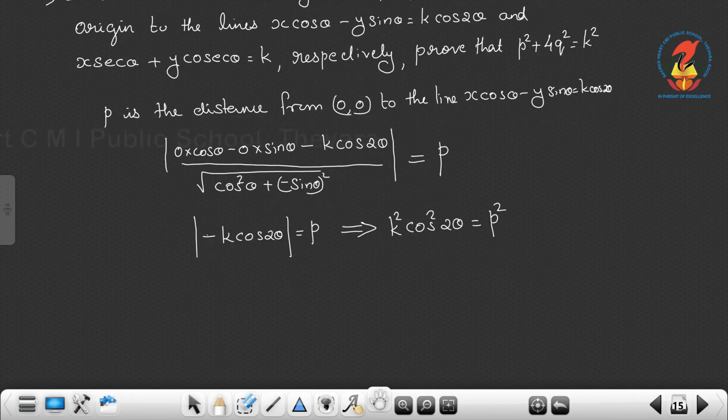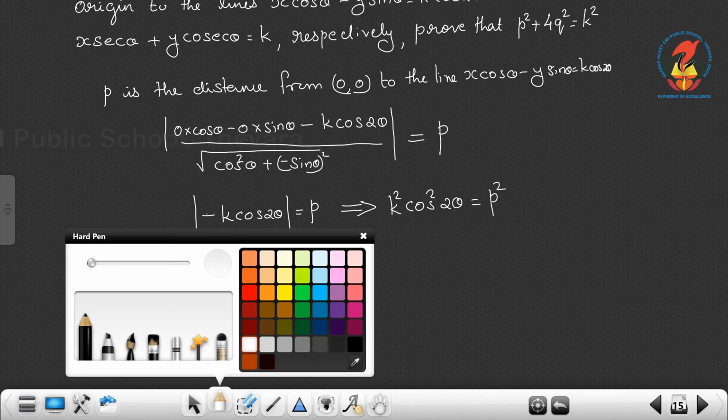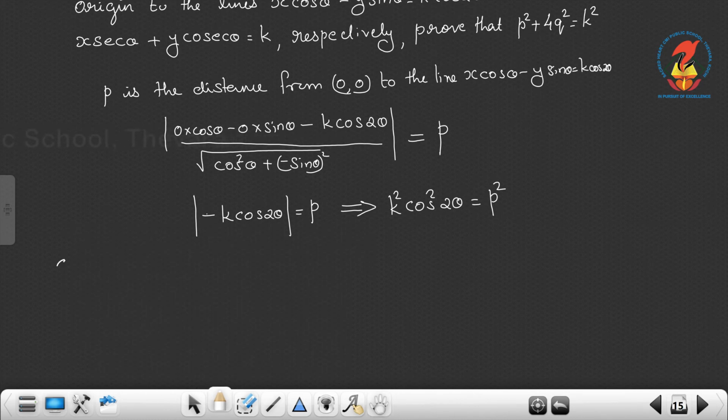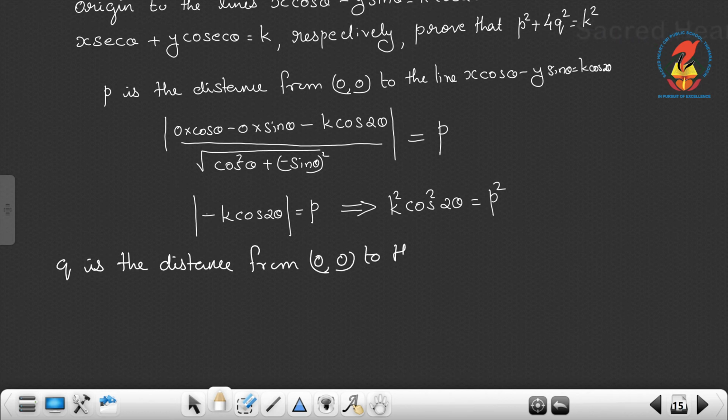The second one is q, the distance from the origin, that is 0, 0, to the line x sec theta plus y cosec theta equal to k. Take to left side, equal to 0.